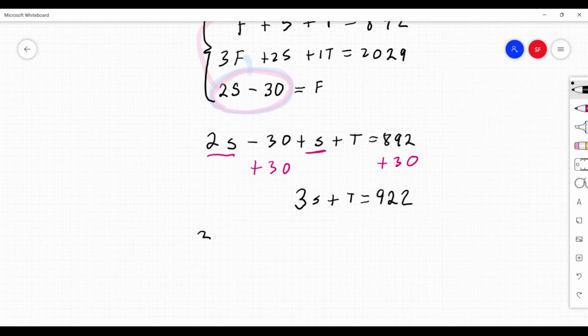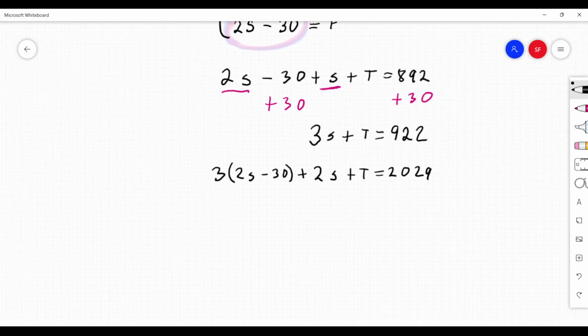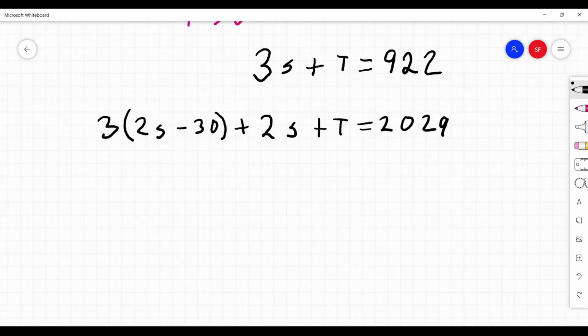So 3 times 2S minus 30 plus 2S plus T equals 2029. Plus 1T, yeah. I just dropped the 1, but you can leave it if you prefer.